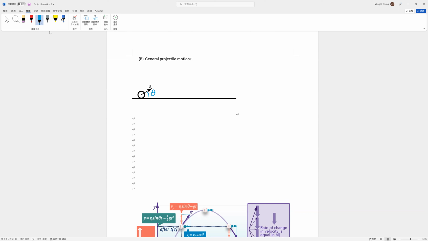Now for a general projectile motion, the initial velocity has some angle with the horizontal line. Then we also need to set up the x-axis and the y-axis. Normally we will set the vertical axis to be upwards and the horizontal axis to be to the right.